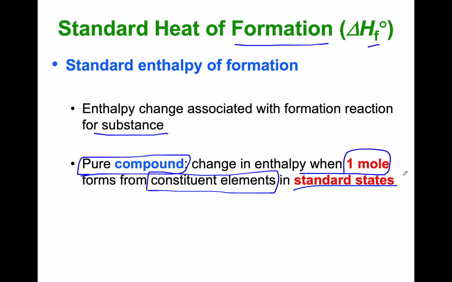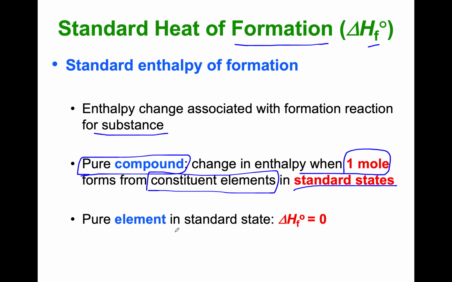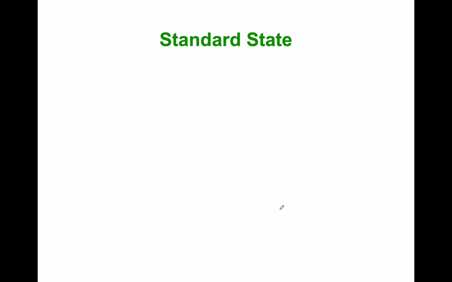Okay, so then an enthalpy of formation would not start from oxygen in the liquid form. Okay, that would not be a standard state. So what we're looking for then is these elements in their standard states. Please note the elements have a delta HF of 0, and that's going to come in important when we're doing some calculations. So standard states, we want to emphasize that.